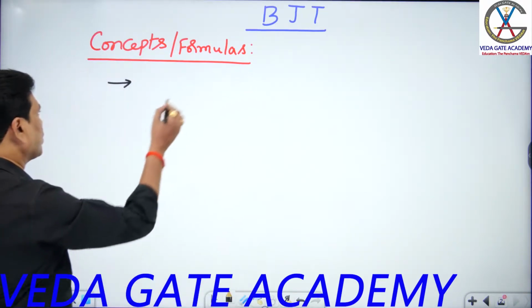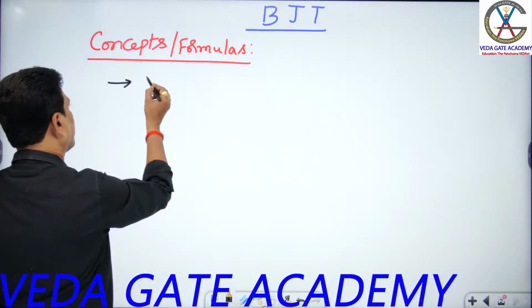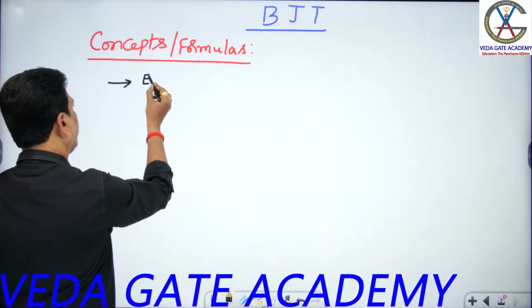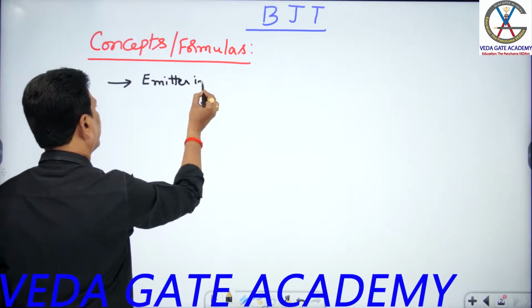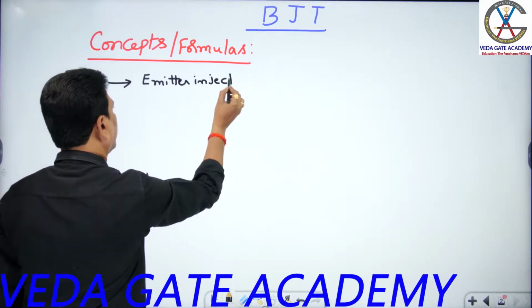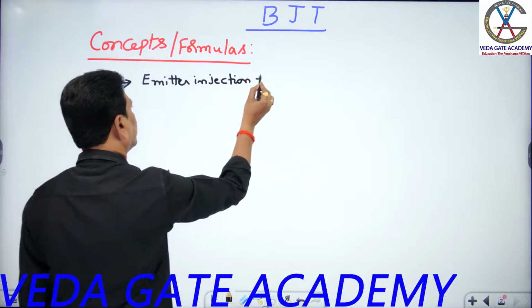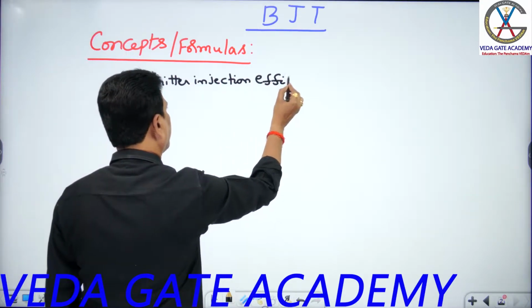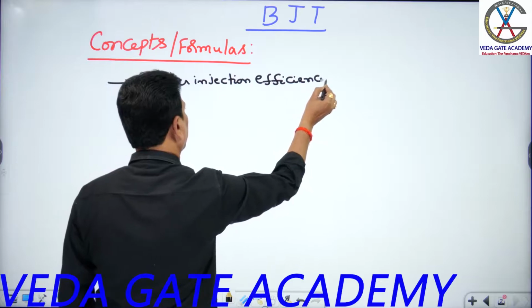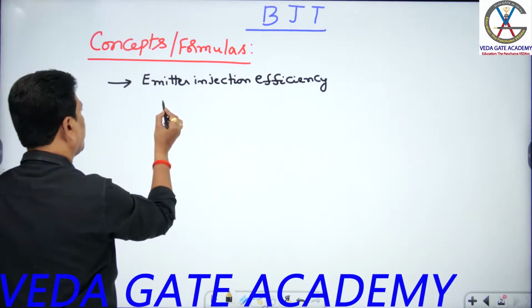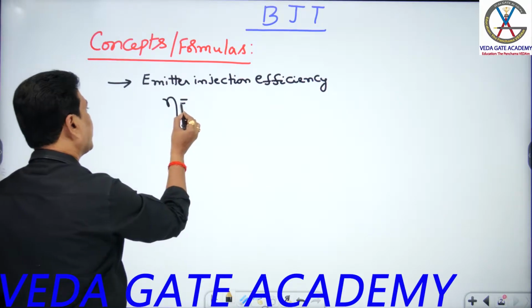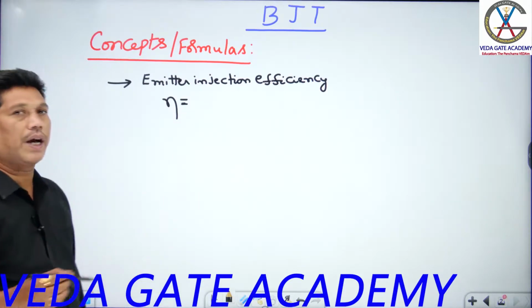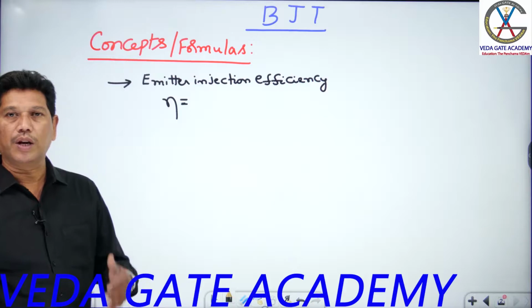You discussed the emitter injection efficiency in BJT, denoted by eta. This emitter injection efficiency indicates the emitter current due to the diffusion of emitter carriers.